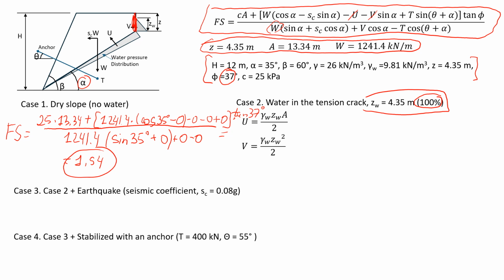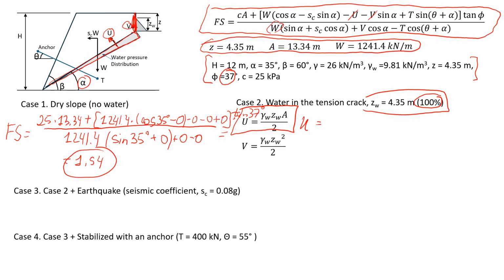And of course, water will be at the base of this rock mass, and we're going to estimate values of U and V, and then we'll see how it's going to change the safety factor, right? So we're going to start with the value of U. So this is the uplift force acting on the base of the rock wedge.